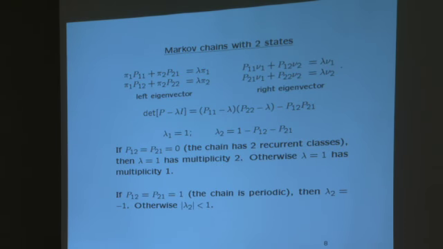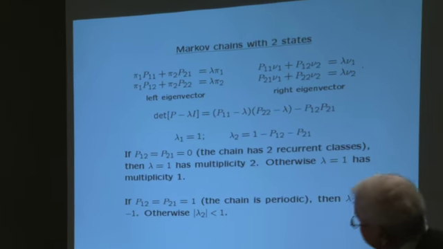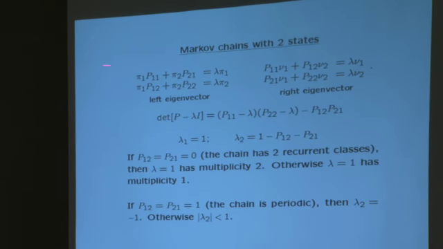So if we look at a Markov chain with two states, P sub ij is the set of transition probabilities. The left eigenvector equation is pi1 times p11 plus pi2 times p21 is equal to lambda pi1.